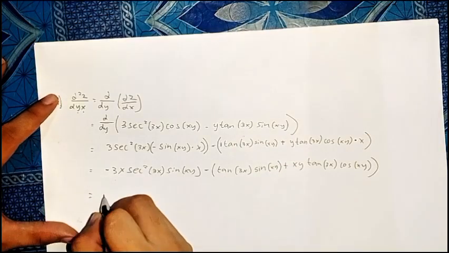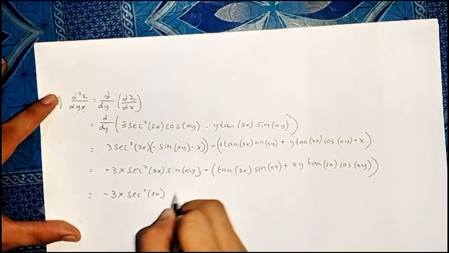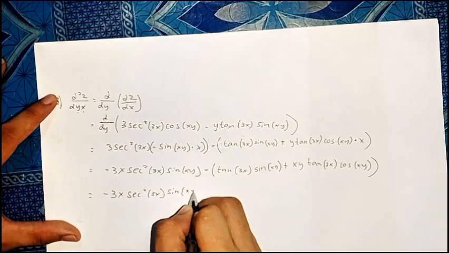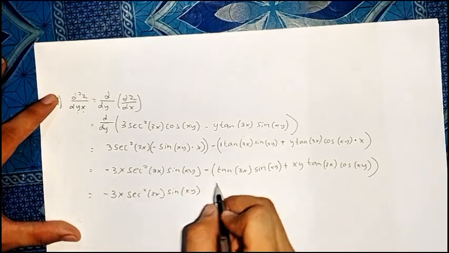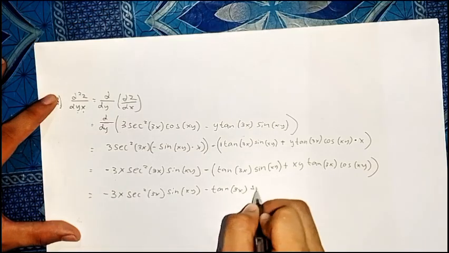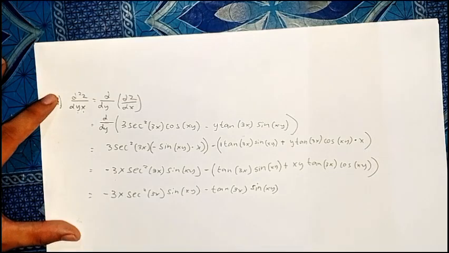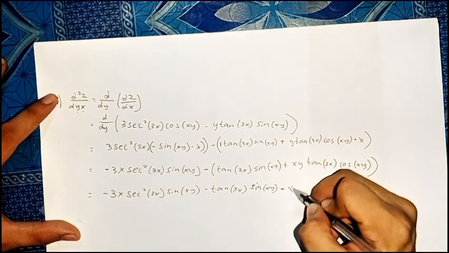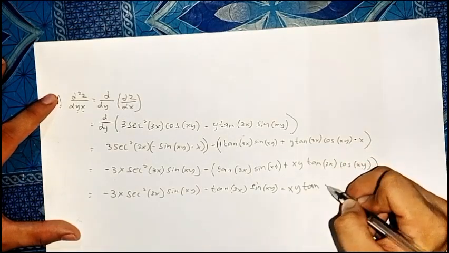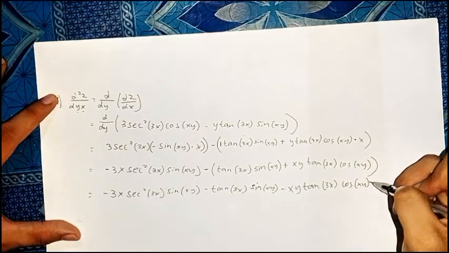So this becomes negative 3x secant squared 3x sine xy, negative tan 3x sine xy, and negative xy tan 3x cosine xy.